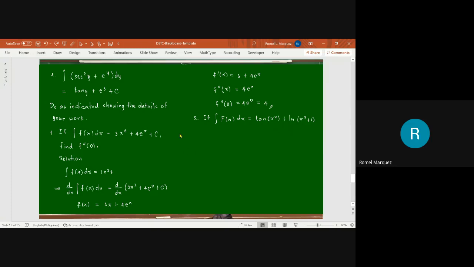So again, first we have to find capital F of x. So how to determine capital F of x? So given the integral of capital F of x, quantity dx, that is equal to tangent of x squared plus ln of x squared plus 1 plus c.